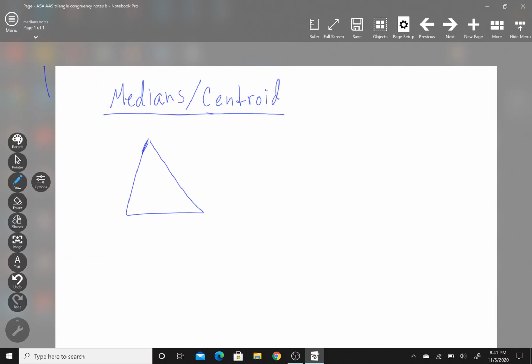is a segment that starts at a vertex and connects to the midpoint of the side opposite from it. So it bisects this opposite side. So this right here is called a median, and it goes from a vertex to the midpoint of the opposite side.